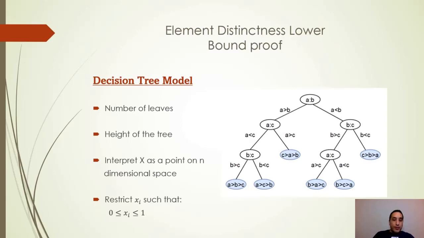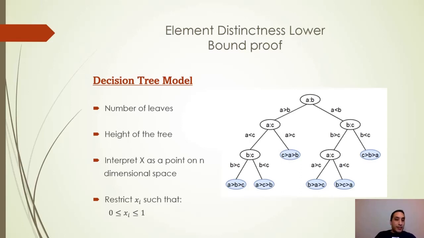Now shifting away from the sorting algorithms and moving to the element distinctness problem, it's quite different. The reason being, if you think about it, it only has two possible solutions, and therefore it only has two leaves in the decision tree model.